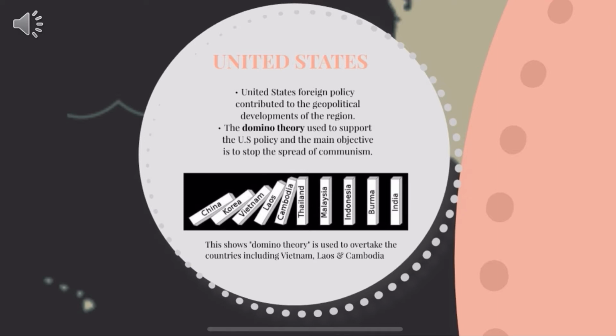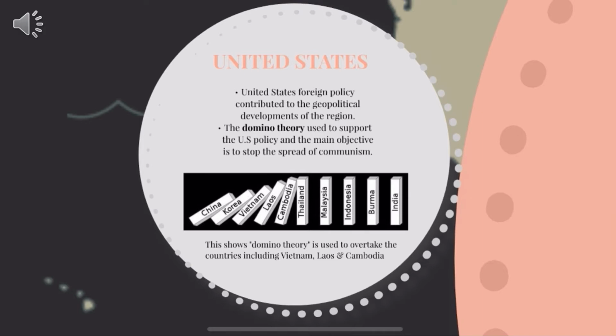The theory was first proposed by President Harry S. Truman to justify sending military aid to Greece and Turkey in the 1940s, but it became popular in the 1950s when President Dwight D. Eisenhower applied it to Southeast Asia, especially South Vietnam.